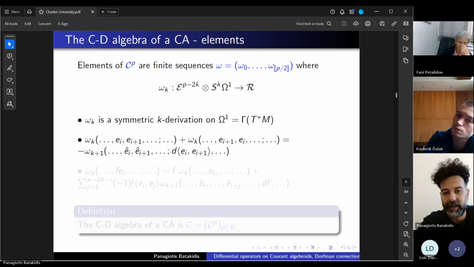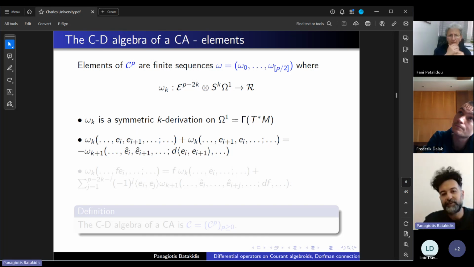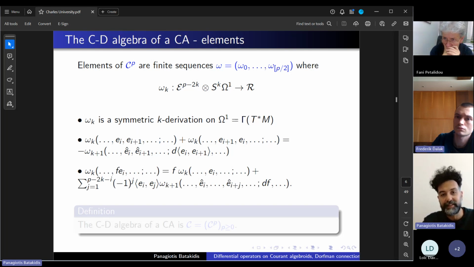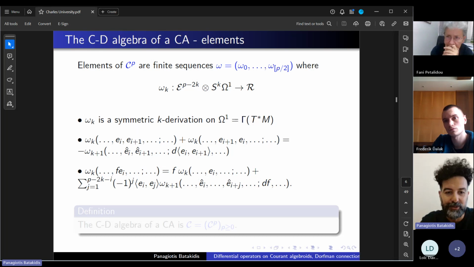It's a bit technical. What we have to remember, at least as an idea, is that the formula is not that important. What is important is to see here that these omega_k's are in fact first order differential operators on the sections of the Courant algebroid.